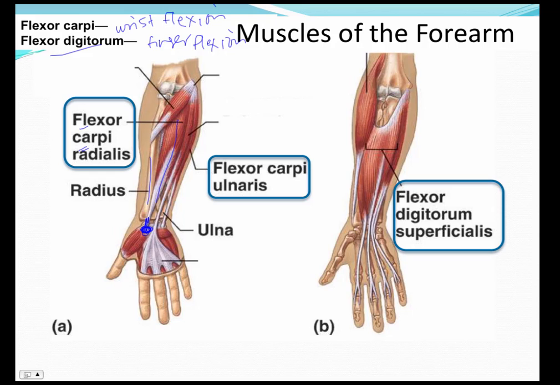Then we have flexor carpi ulnaris, which is closer towards the ulna, so it deals with flexing our wrist down here within this region. Flexor digitorum superficialis. Here, flexor digitorum, we're going to flex our fingers or our digits. So as these contract, we can pull our fingers inwards.